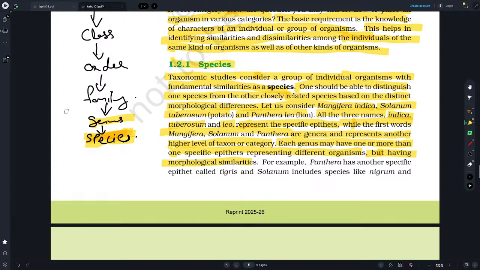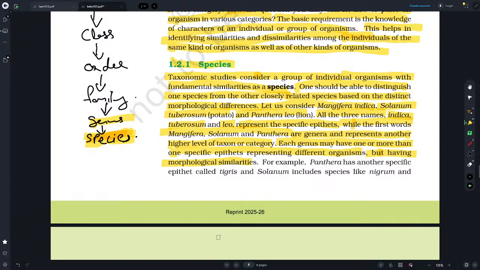Panthera, for example, if we take Panthera leo, which is lion, Panthera is a genus, leo is one of the species. If we take Panthera tigris, then tigris is another species under the Panthera genus. So Panthera for now has two species, which is just an example, but it may have more.